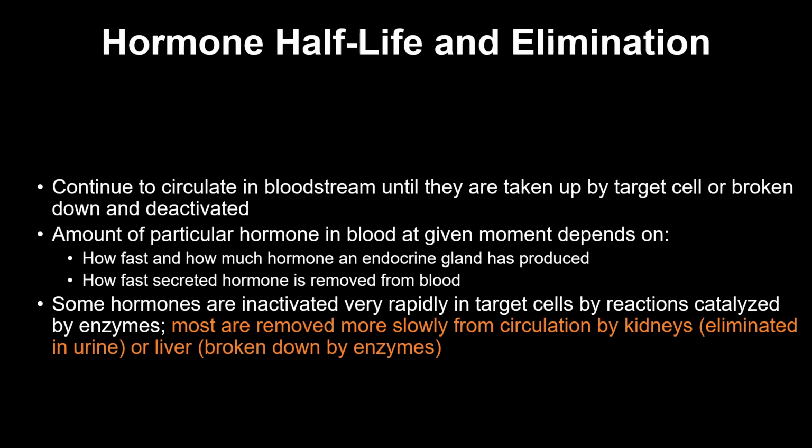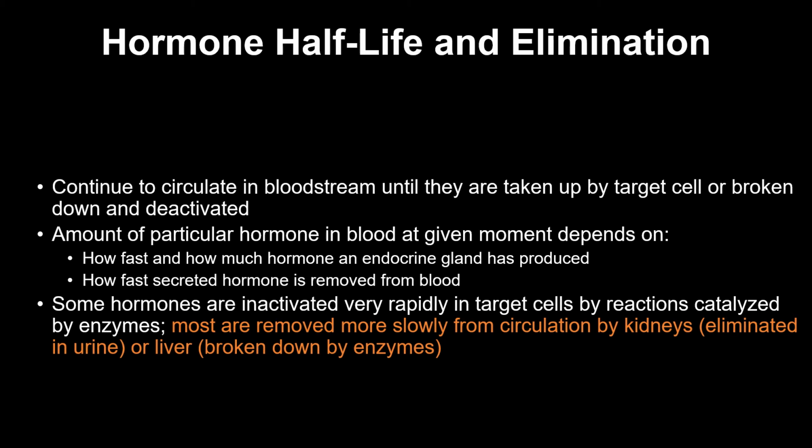Some hormones are inactivated very rapidly in their target cells, typically by enzyme catalyzed reactions, but most are actually pretty slowly removed from circulation, typically by the kidneys, where they're eliminated in urine, or in the liver, where they're broken down in more enzyme catalyzed reactions.